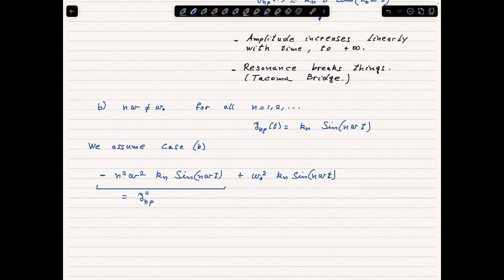Just to be extra clear, this here is nothing more than y_np, and all this has to be equal to the force, the particular component of force, which is the constant times the sine of n omega t. And of course we do that because this function with this function with this function, they cancel out.